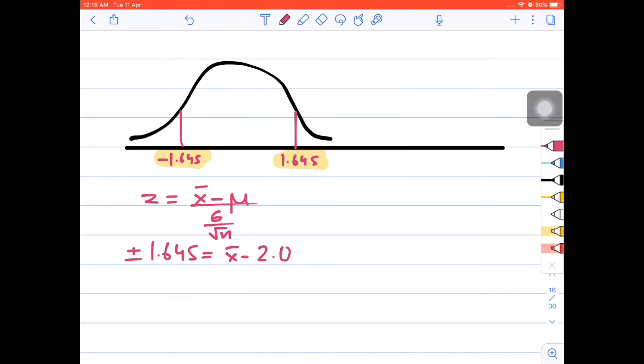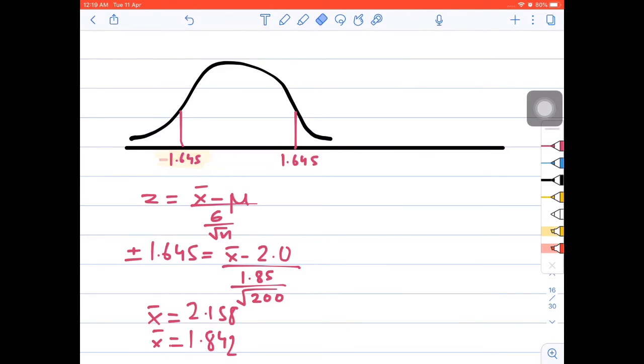Mean was 2 because we found this with mean 2. Sigma was given as 1.85 in this testing and root of 200. So this will give two values of x bar. The first one is 2.158 with positive and 1.842 with negative. So the x values over here are 2.158 and 1.842 and the mean is 2.00.